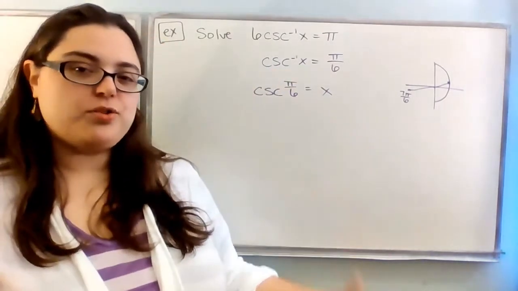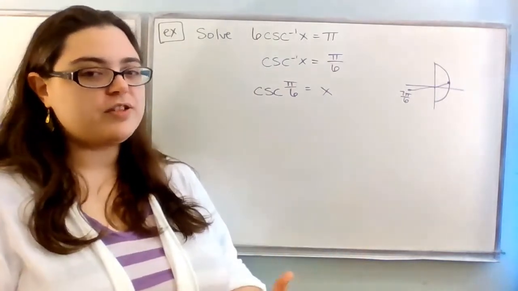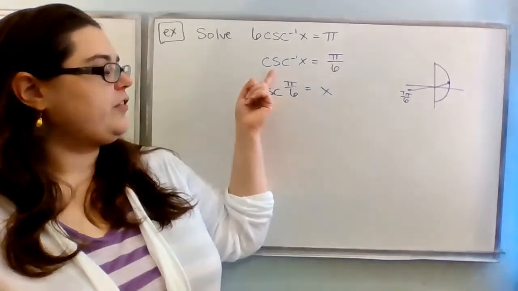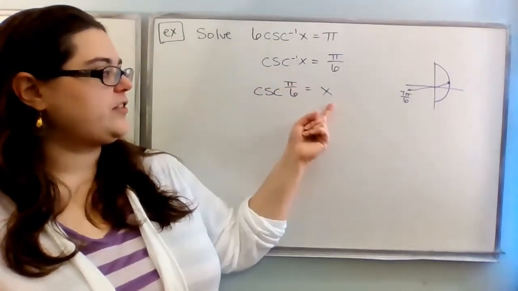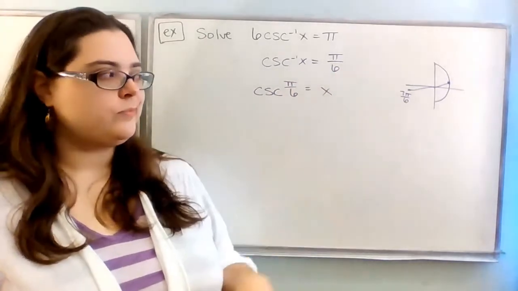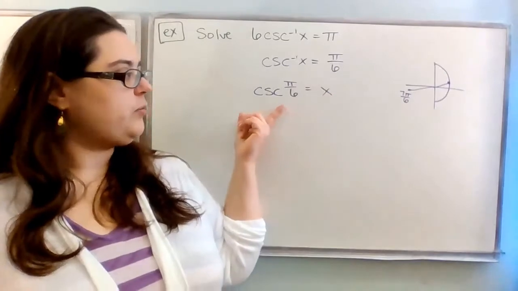This is also similar to when we were looking for the inverse of a trigonometric function, and you can think of this one as taking cosecant of both sides. So cosecant of inverse cosecant is going to cancel out to give us x, and then we have cosecant of pi over 6. So now we just have to find what is cosecant of pi over 6. This is one we're supposed to know.